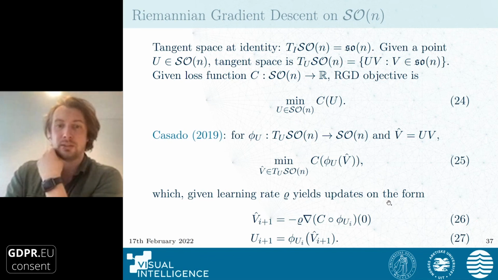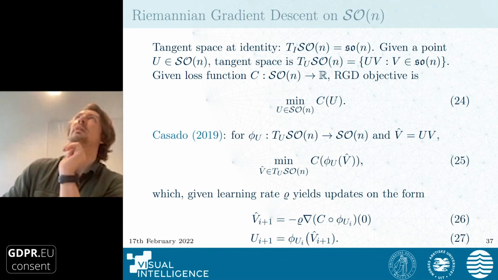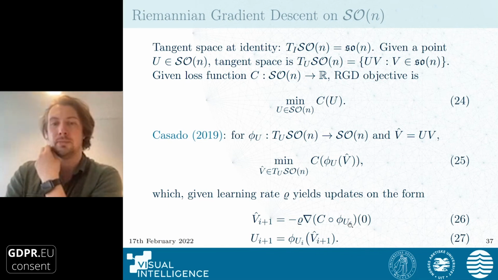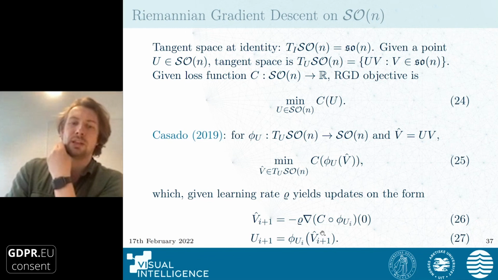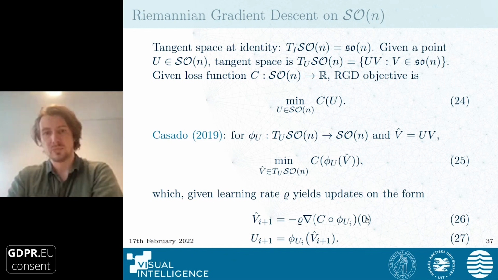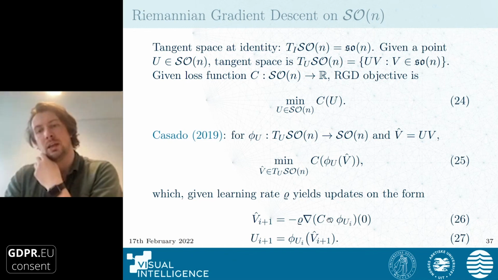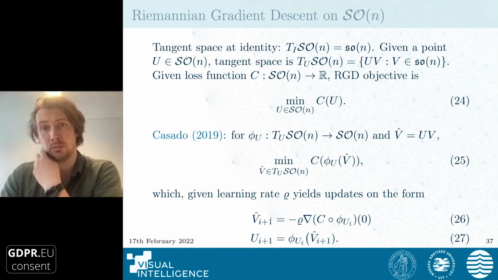And this gives updates of the form here, where we basically compute a direction assuming that we're at the origin of our current place on the manifold. And then we update our matrix given this computation, and then we retract that back, and then we can perform gradient descent on a matrix Lie group.